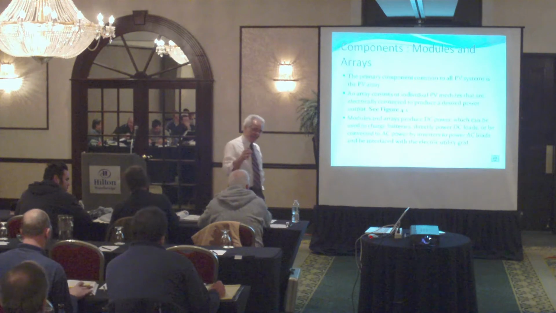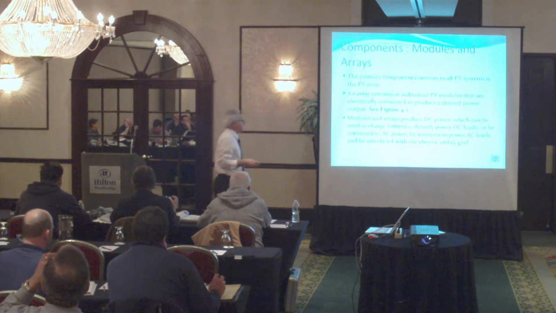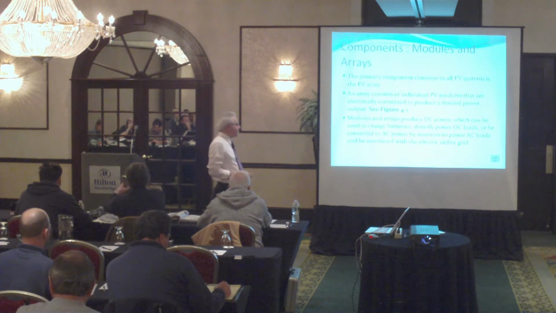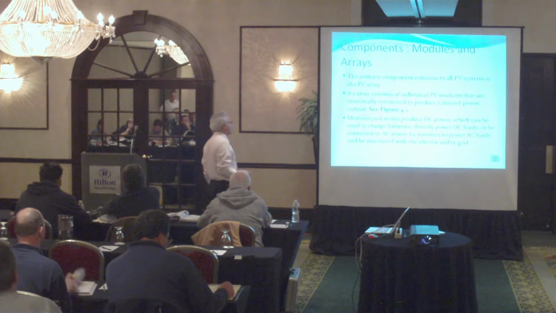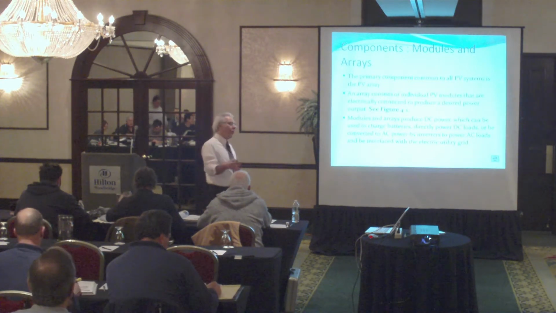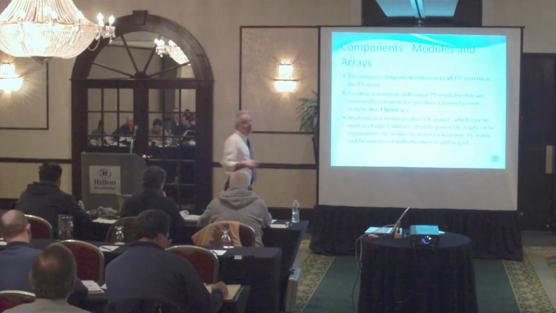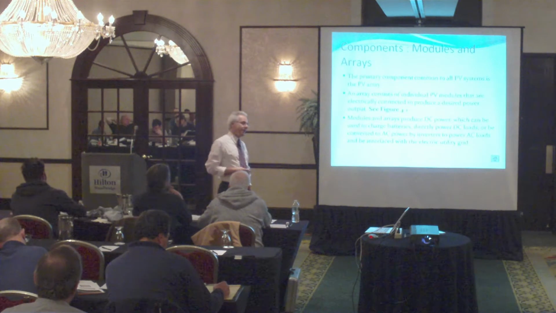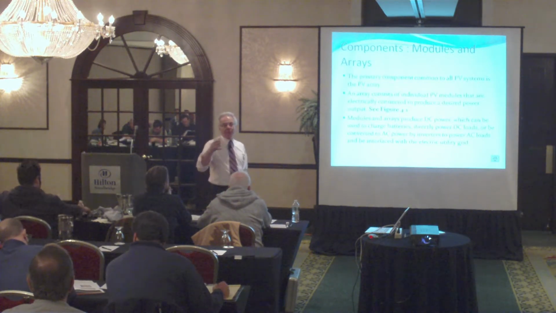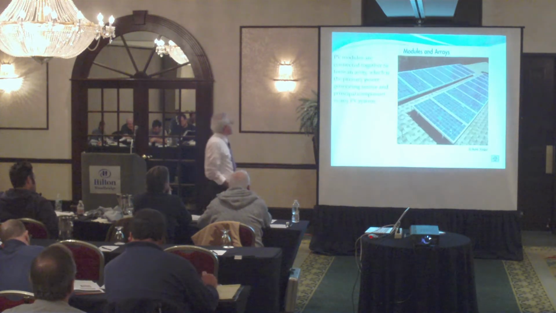Typically, we're producing what? DC power. Remember, and we're going to talk about this over and over again, we're producing DC power. It has no frequency on it. So we have current and voltage, no frequency, and we can feed them directly into what? Into our loads, or we can utilize the DC power to charge batteries, or we can put it into inverters. We change the DC into AC, and we can provide this power to AC loads, or actually we feed it back to the utility company, to the grid.